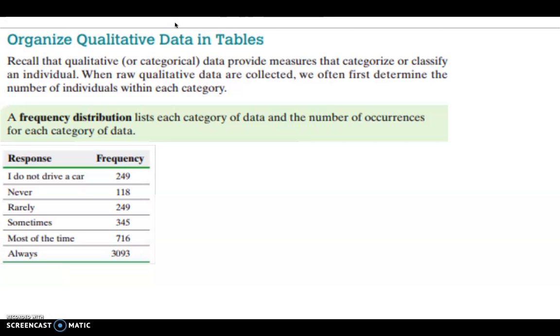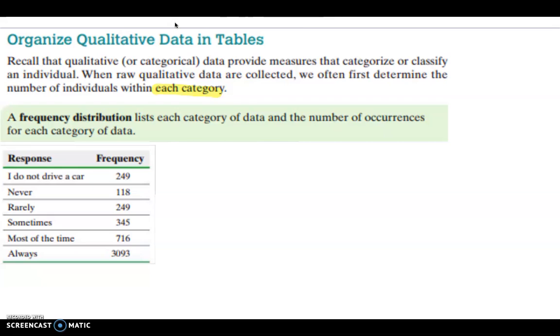Okay, so again, just remember that qualitative or categorical data provide measures that categorize or classify an individual. When we've got the raw data collected, oftentimes we need to determine the number of individuals that fall into each category. So we've got to break this down.